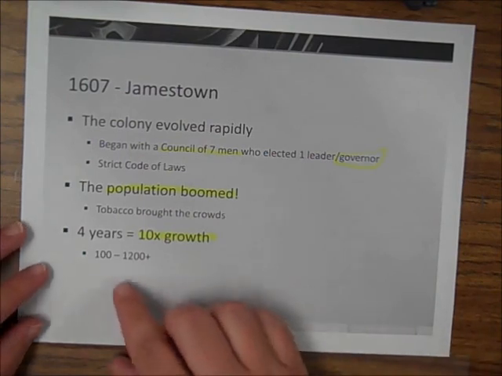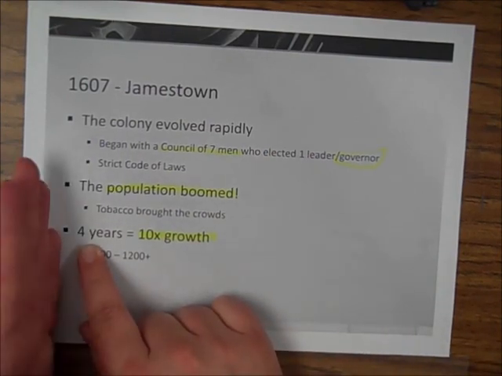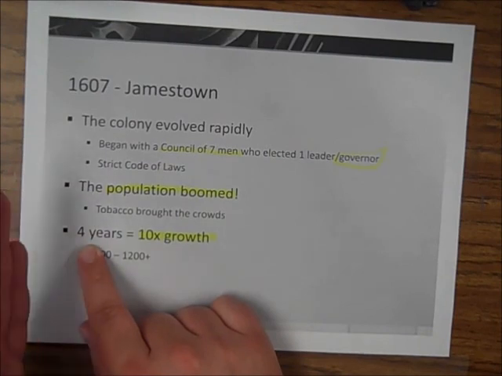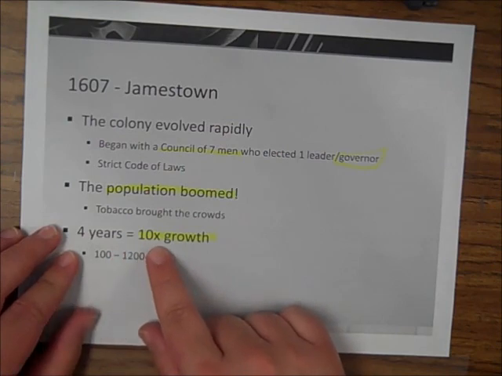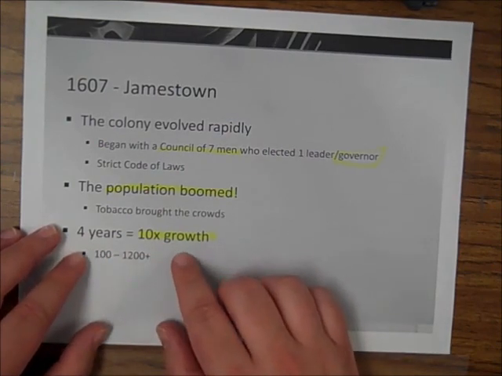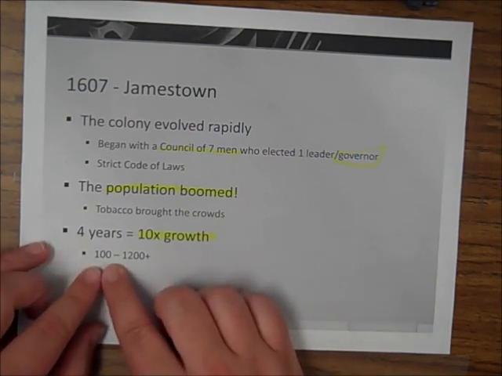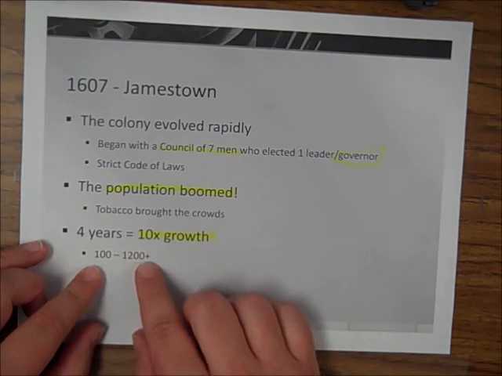And what's interesting is in 4 years from the time John Rolfe really got Jamestown back into the game, 10 times the growth in population happened. In 4 years, 10 times the growth. So that's like going from 100 to over 1,000 or 1,200 plus in Jamestown.